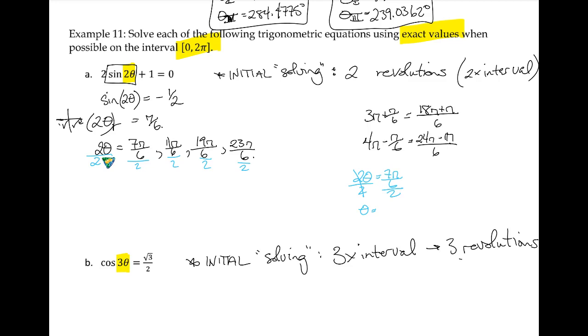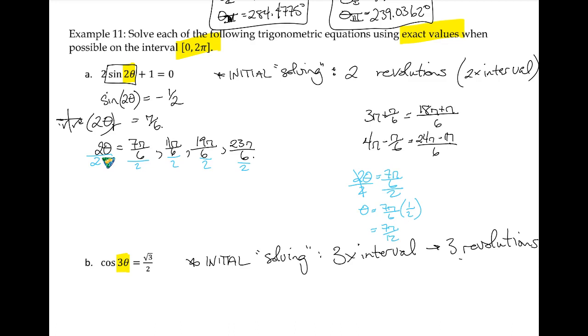Or you can look at it as, and that's really kind of like the best way to look at it, is 7 pi over 6 and then 1/2. So my numerator is not going to change, but my denominator now is going to be double what it was before. So instead of talking about 7 pi over 6, I'm actually talking about 7 pi over 12.